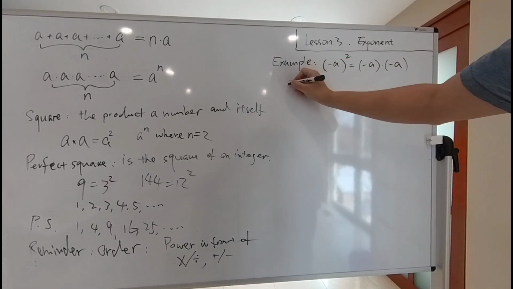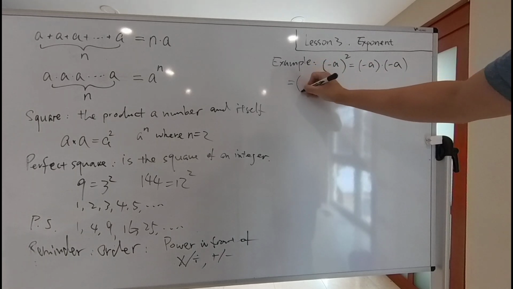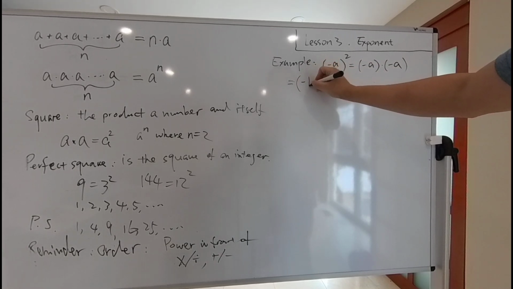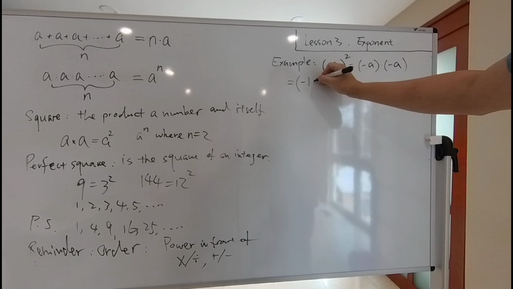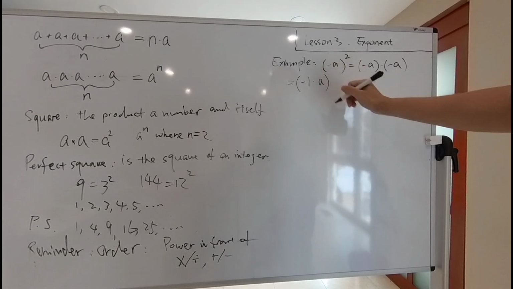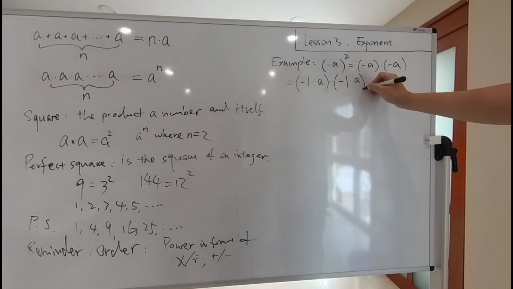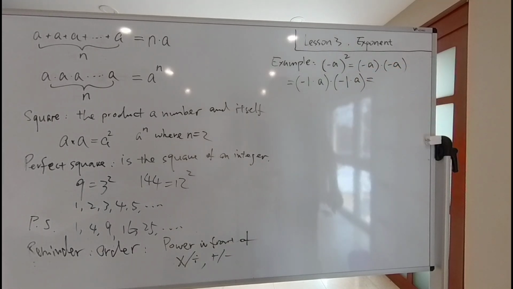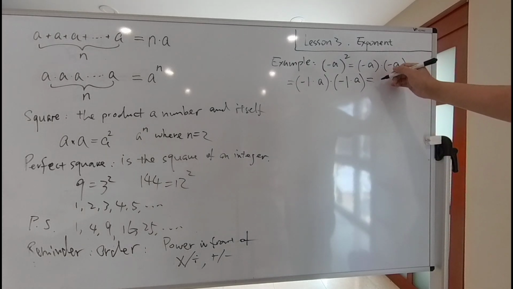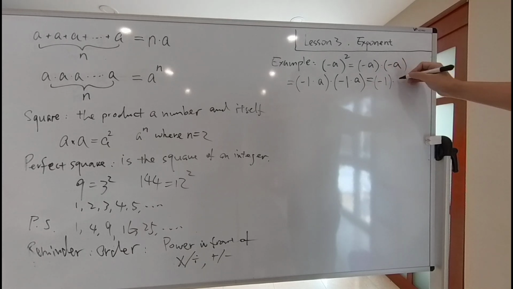And then a negative number is equivalent to -1 multiplied by the positive part of the number, so -1 times a, times -1 times a. Remember, by the associative property of multiplication, I can write this as -1 times a times -1 times another a.